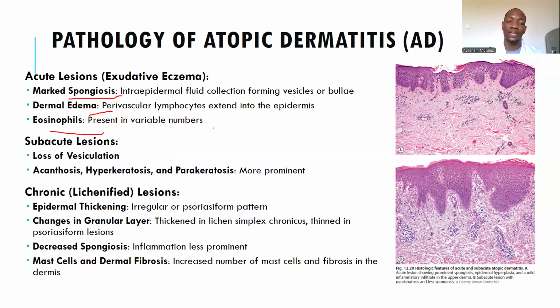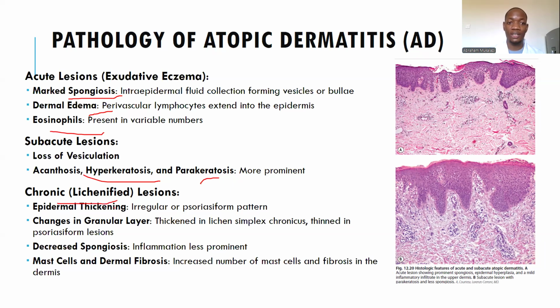Then in subacute lesions, you will get reduced spongiosis, but you'll get infiltration of different types of cells, such as neutrophils and lymphocytes if there is infection. But you can now get acanthosis, parakeratosis, as well as hyperkeratosis because of the lichenification that now comes in.